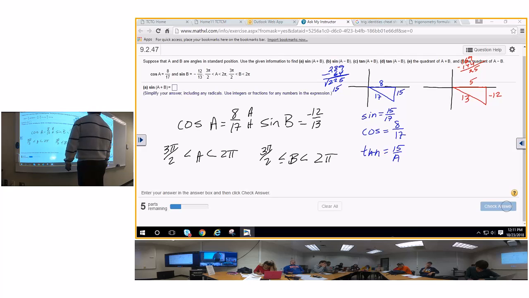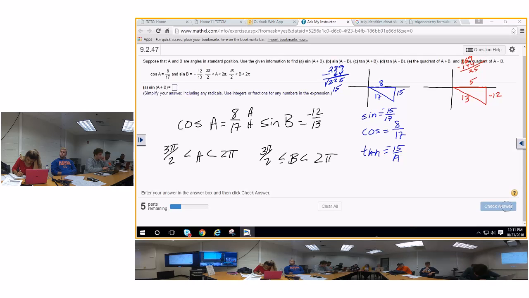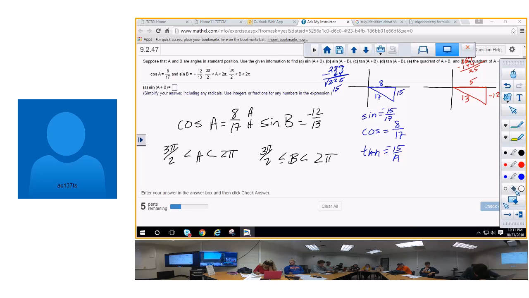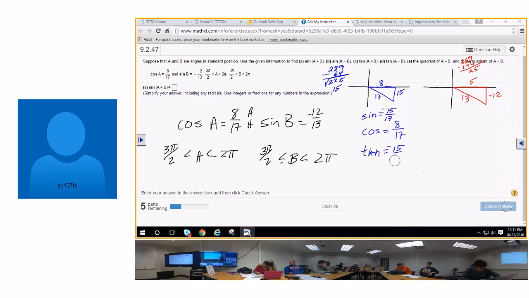Now don't forget, that's a negative 15. So the sine is negative and the tangent is negative. That's supposed to be 15 over 8. I don't know why I wrote A.